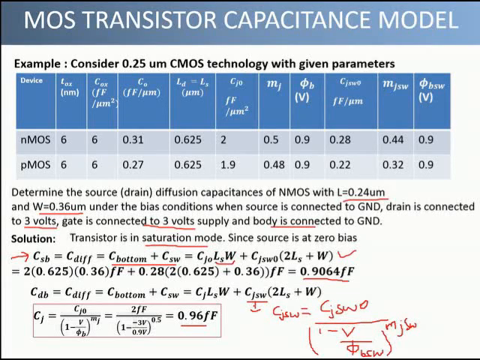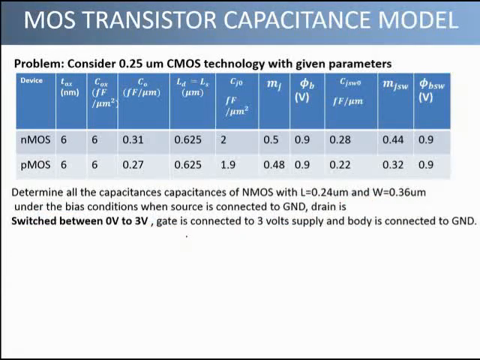For calculation of the side wall capacitance, the side wall junction capacitance per unit perimeter can be calculated using this formula, where the same value of reverse bias voltage is placed over here and all other constants are taken from this table.